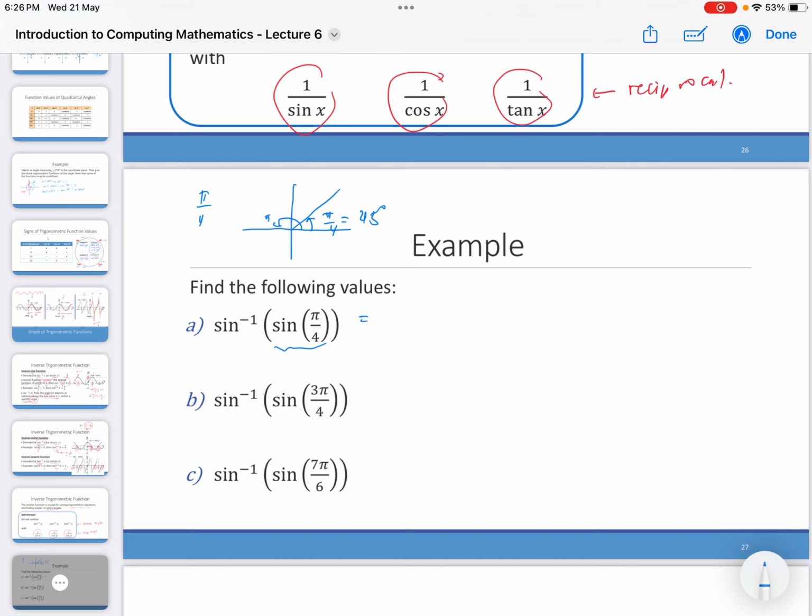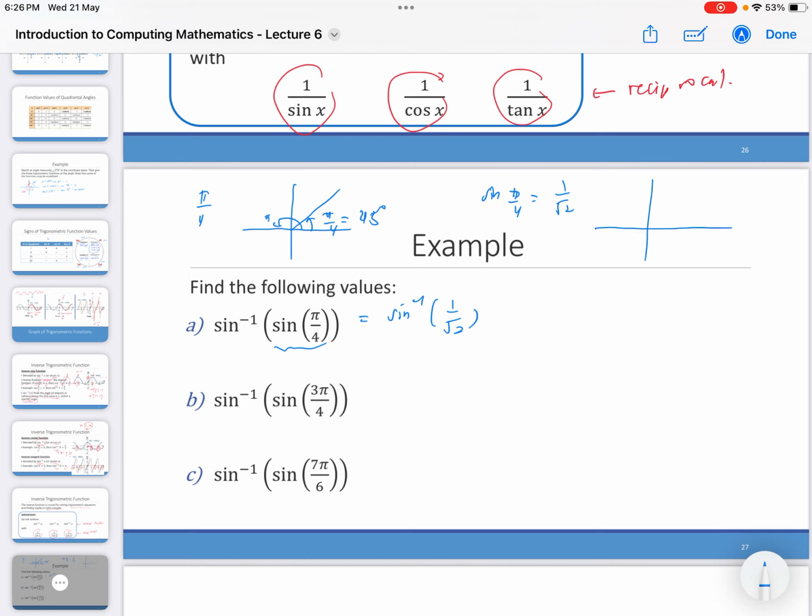Then this equals sine inverse of sine pi over 4. Sine pi over 4 equals 1 over root 2.